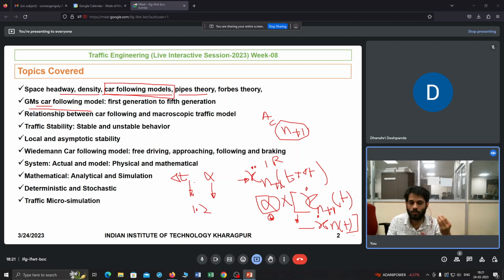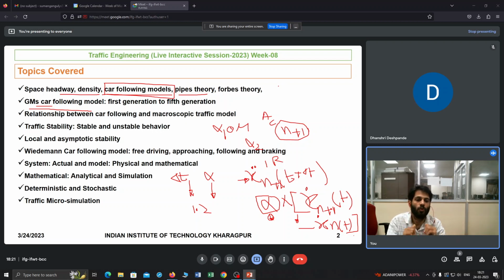Based on these field observations, people realized that we should not use this kind of constant alpha value for a particular scenario, since it varies largely. So people came up with the second generation GM model, where they included alpha 1 or alpha 2. Whenever your space headway is larger, a lower sensitivity value is preferred.